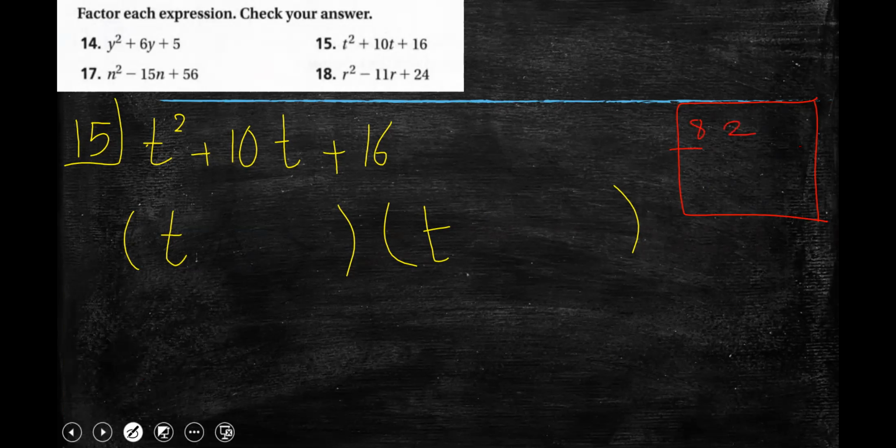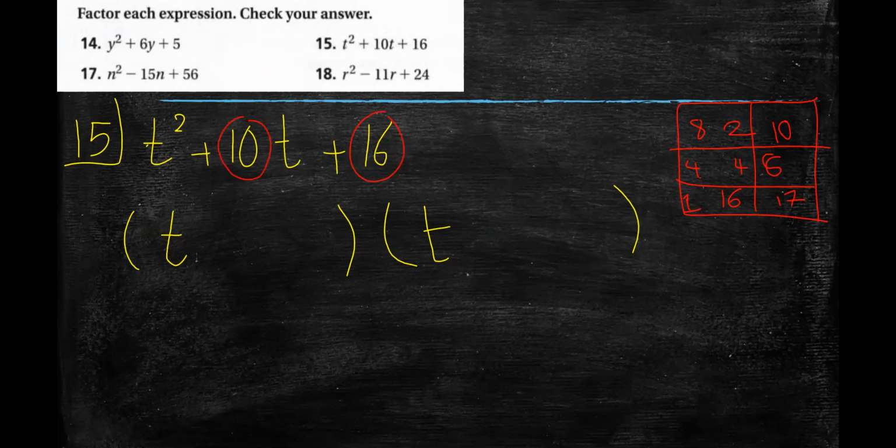What else? 4 and 4. What else? 1 and 16. Then let's add them. 8 plus 2 is 10. 4 plus 4 is 8. 1 plus 16 is 17. So which pair of numbers, if you multiply them, you get 16, and if you add them, you get 10? 8 and 2.